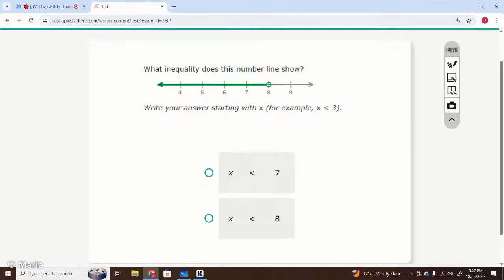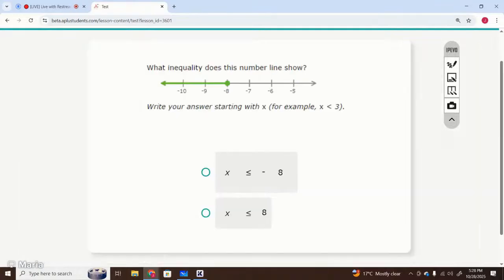What inequality does the number line show? That is x is less than 8. Sorry, option 2 is the correct option.